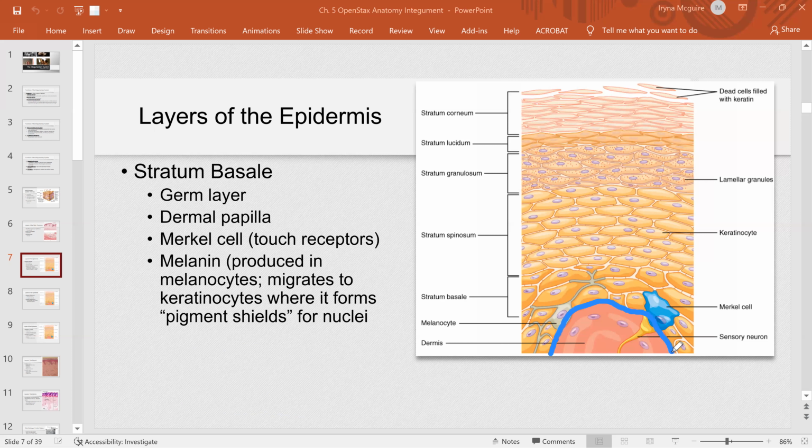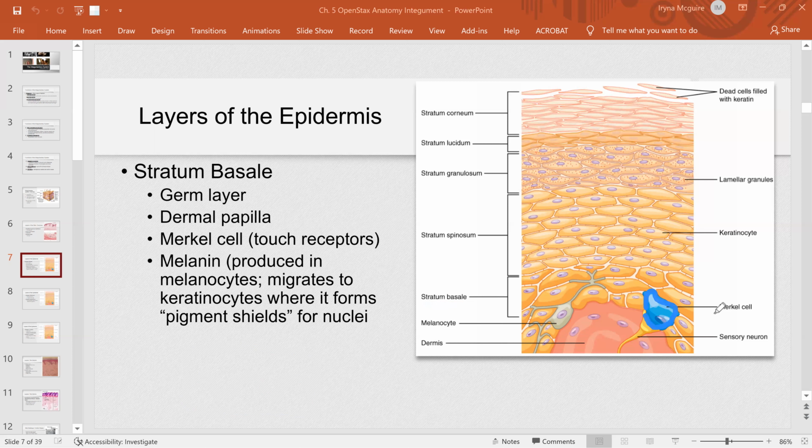So the dermal papilla is shown over here. This pink structure is the dermis, and particularly it's a dermal papilla. You also have in the stratum basale, of course, these yellow cells here called keratinocytes. But look at this blue cell here.